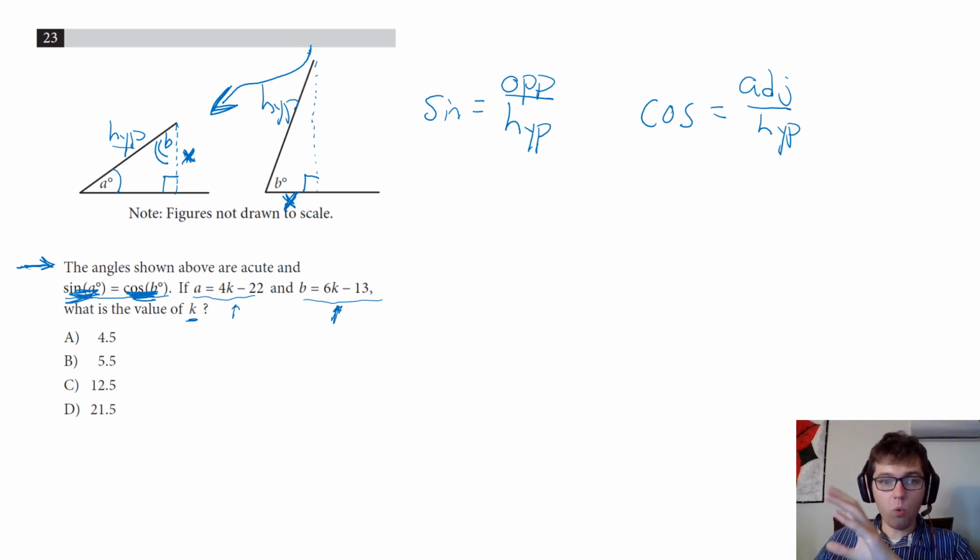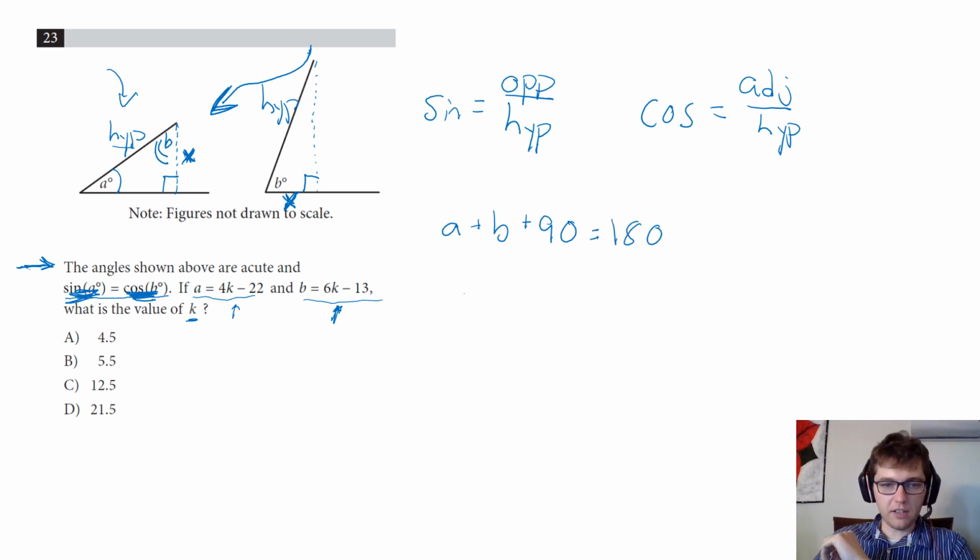All taken together, what that means is that angle A and angle B are part of the same right triangle, which gives you the information you need to give yourself another equation in your system of equations, which is, you know, all the angles in a triangle must equal 180. So that means that on this triangle here, A plus B plus 90 is equal to 180.